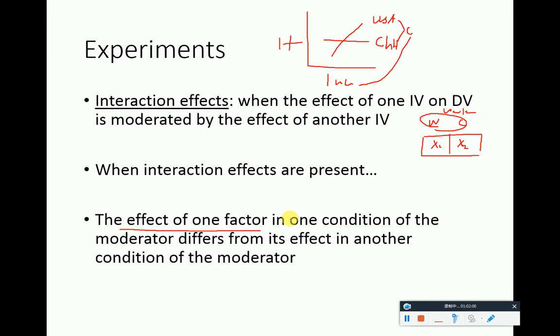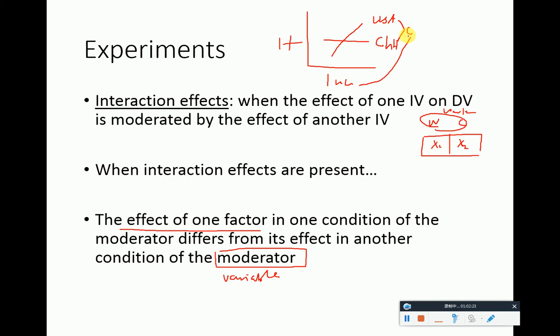All right, then what about this part? In one condition of the moderator, and that is different from its effect in another condition of the moderator. Well, first of all, we should know that a moderator is just a variable, like country.